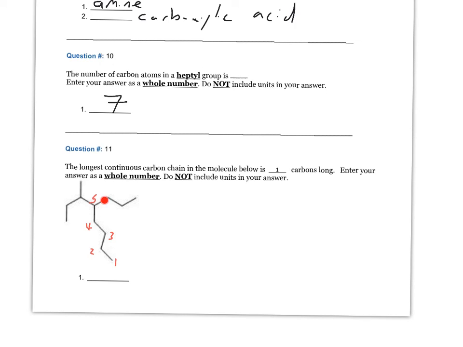Then I could go to the right, 1, 2, 3, 1, 2. So right or left for the longest carbon chain, but I'm going to go 1, 2, 3. Count that: 6, 7, 8. So the longest continuous carbon chain is 8 carbons long.